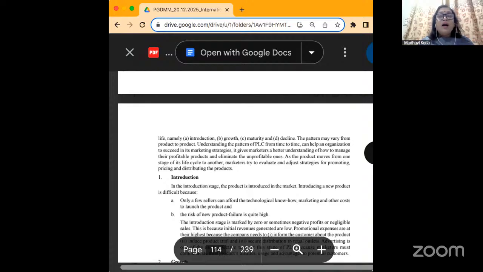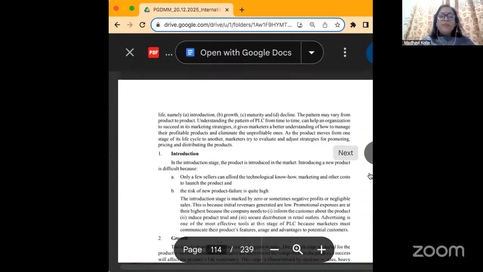That means a sizable chunk of the market has already been taken by certain players. All these factors need to be considered in the international market. So the product life cycle is not dependent only on the stage at which we are introducing our product, but also on multiple other factors that we have just talked about.